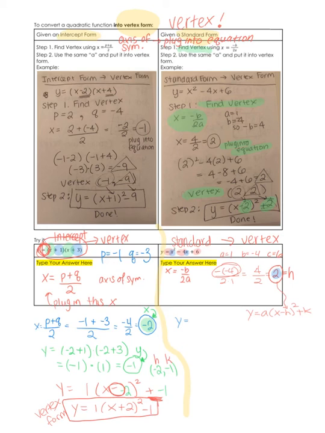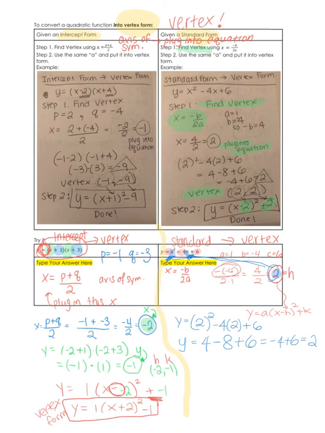Y equals 2 squared minus 4 times 2 plus 6. We're just plugging in 2 here into the x's in the original equation. So that gives me 2 squared is 4 minus 4 times 2 is 8 plus 6. So that's negative 4 plus 6, which is 2 again.